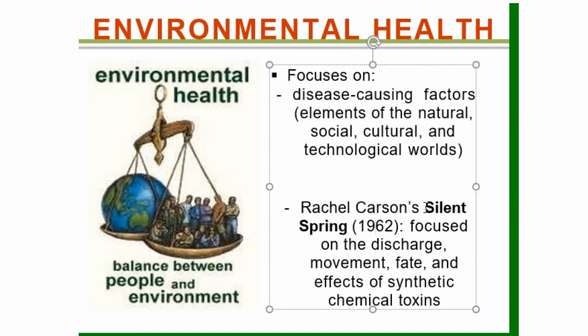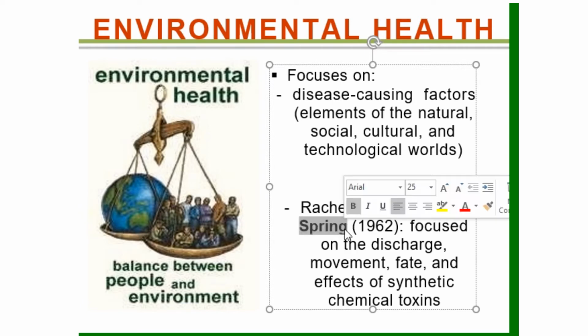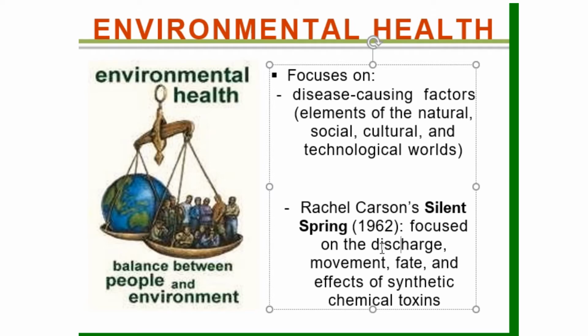Silent Spring is an environmental science book that focuses on the discharge, the movement, the fate, and the effects of synthetic chemical toxins, most specifically the pesticides. If you are familiar with pesticides, these are the chemicals used by farmers or an individual, perhaps, to kill a pest.